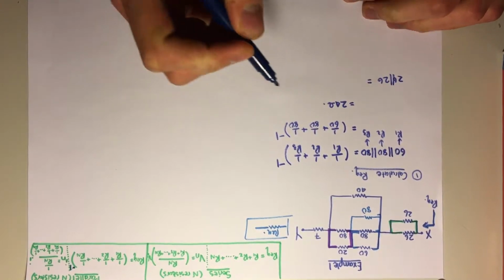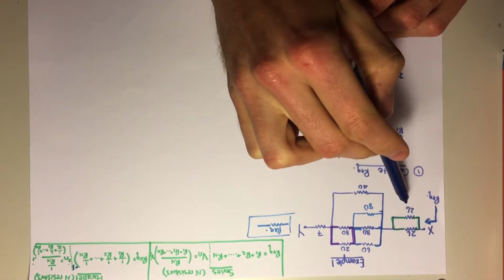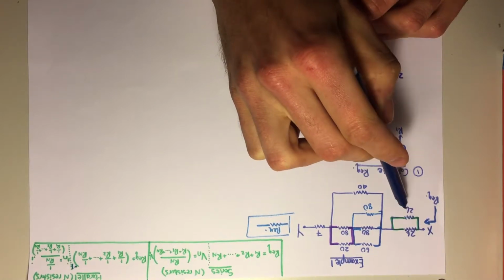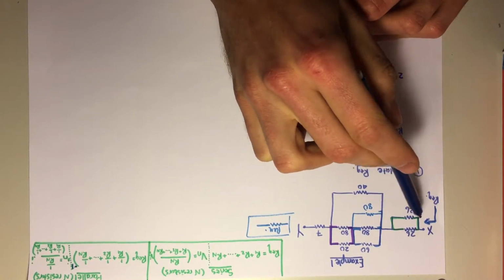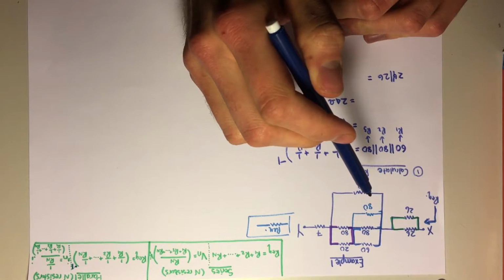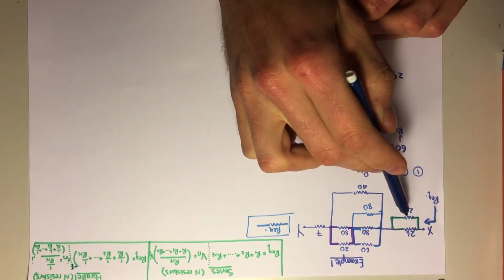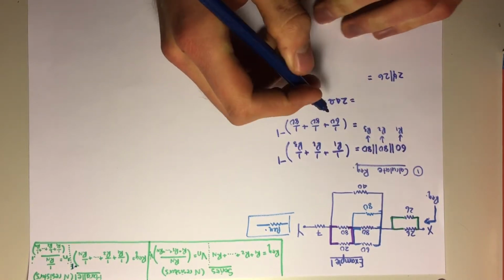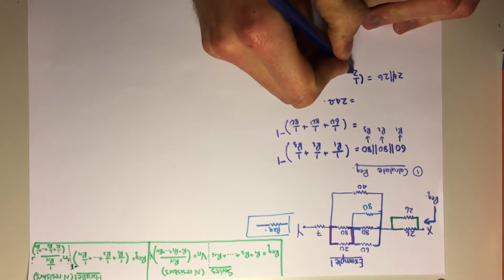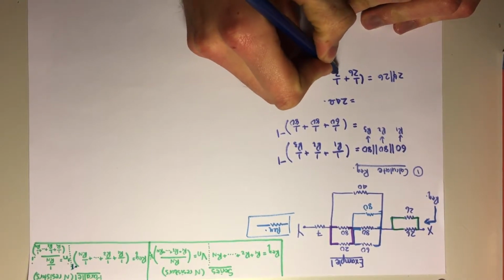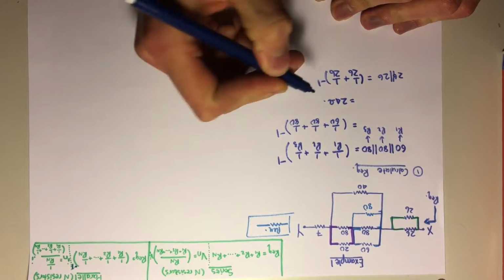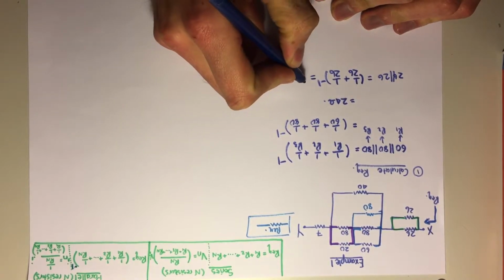So how we do this is we say if two resistances are of the same size, then the equivalent resistance is half of one of them. So in other words, half of 26 is 13, so the equivalent resistance is 13, and one can write it out like this. So 1 over R1 plus 1 over R2, to the minus 1, and you'll find that this gives us 13 ohms.